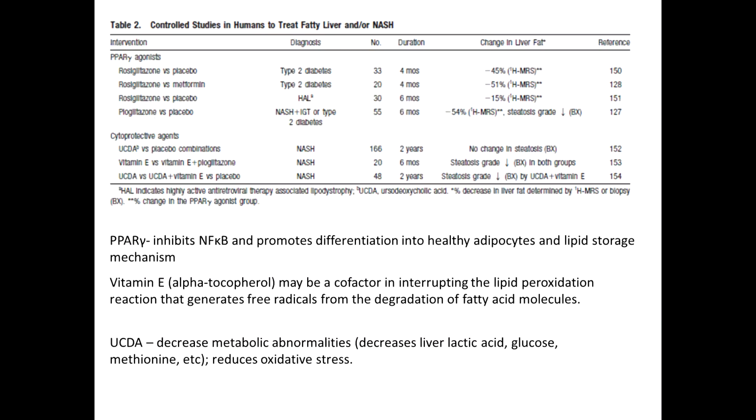It's a good lipid storage mechanism. Remember, sick adipocytes become hypertrophied and become inflammatory endocrine organs. Vitamin E might be a cofactor in interrupting the lipid peroxidation. Some of you talked about that reaction that generates free radicals from the degradation of fatty acid molecules. And UCDA decreases metabolic abnormalities, particularly in the liver, to reduce oxidative stress.